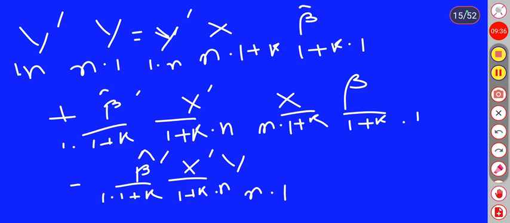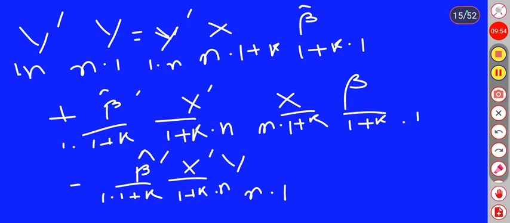Similarly, beta hat prime has one row and 1 plus k columns, and x prime has 1 plus k rows and n number of columns. X has n number of rows and 1 plus k number of columns.